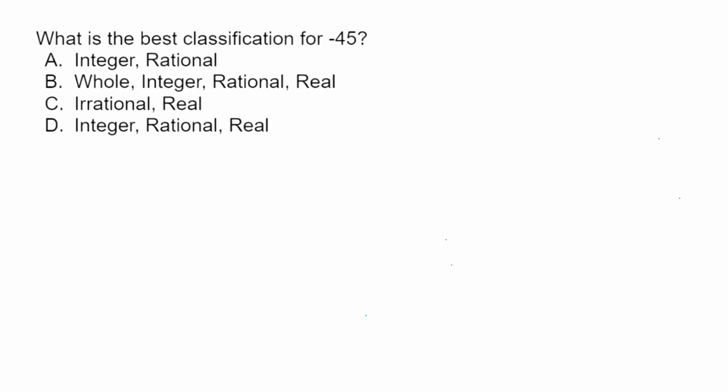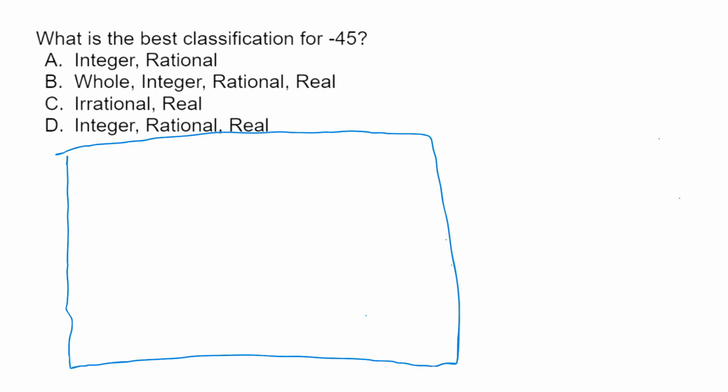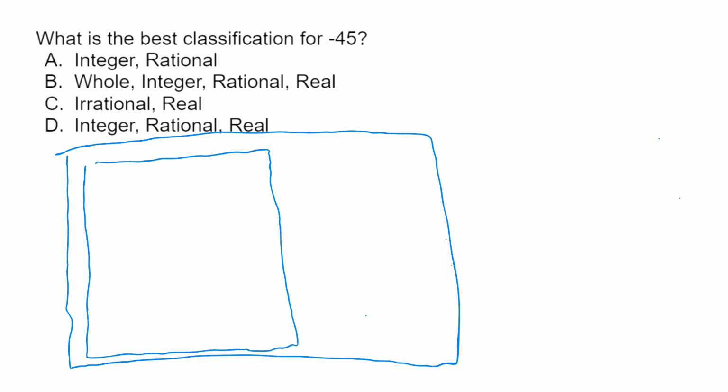So the question is, what is the best classification for negative 45? Okay, so let me try to draw first our illustration regarding rational and irrational numbers. Please bear with my handwriting. I really do have a good handwriting. I'm just kidding.